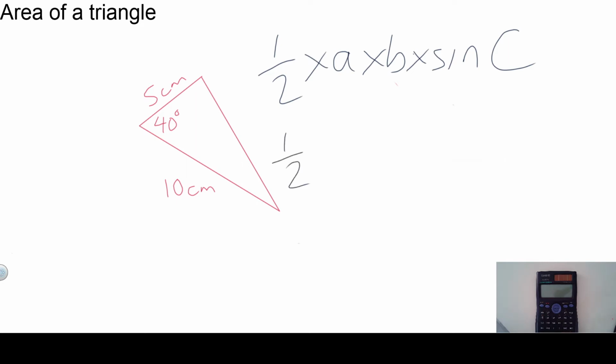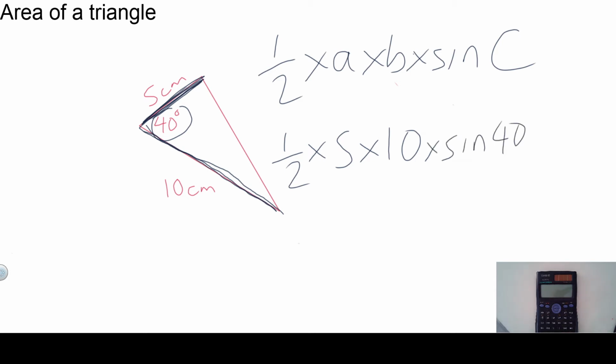The half is half multiplied by the two arms. So you see these two arms over here, the two sides. That's 5 times 10. And the angle that's in between the two arms, the two sides, is your sine 40.